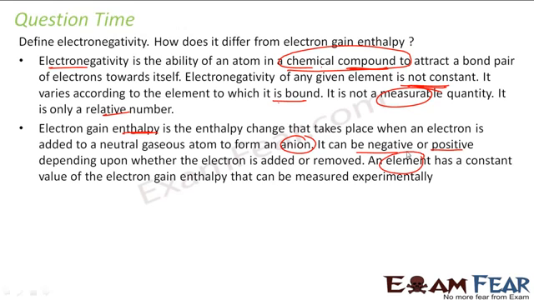A particular element will have a constant value of electron gain enthalpy, and it can be measured experimentally. So I'm talking about oxygen: oxygen will always have a particular value of electron gain enthalpy. When you talk about electronegativity, you can't say the value of electronegativity for oxygen is X, because it varies depending on whether it is linked to hydrogen or sulfur, based on the condition.